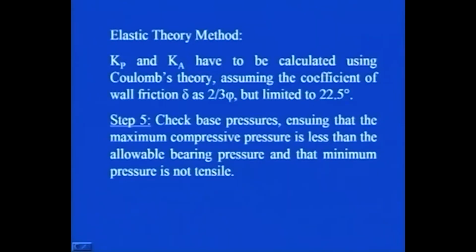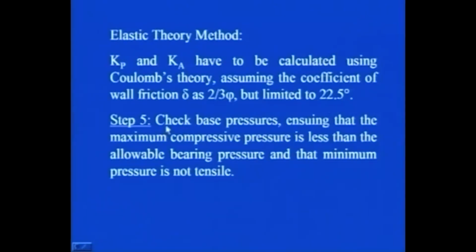However, in this case Kp and Ka have to be calculated using Coulomb's earth pressure theory, because when you use Coulomb's earth pressure theory you require wall friction etc. So here you have to assume the coefficient of wall friction delta as 2/3 of phi, but limited to 22.5 degrees. So in case this 2/3 of phi is more than 22.5, you have to take delta to be equal to 22.5 degrees.